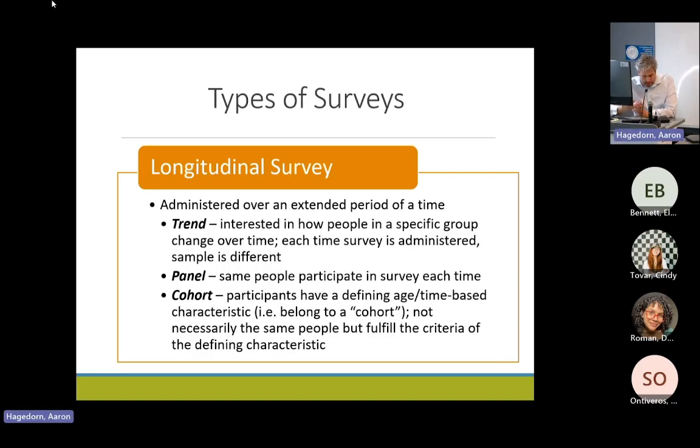When I was a PhD student, I worked with this data set that every 2 years followed the same people, and they were looking at their aging process. So every 2 years they were tracked and asked the same questions again, and we could draw lines and see whether their health was stable, getting worse, or improving. And so that's a trend. We could look at different subgroups.